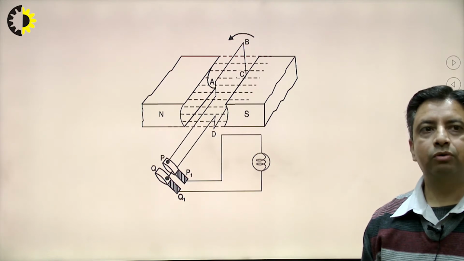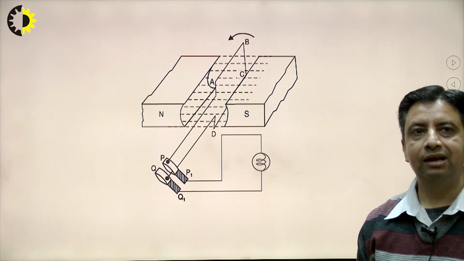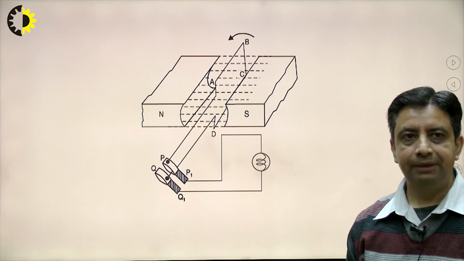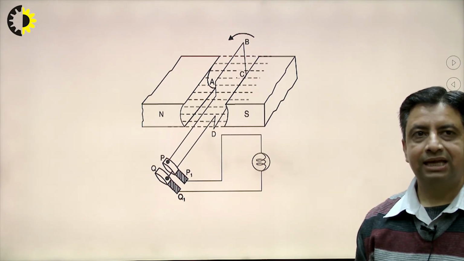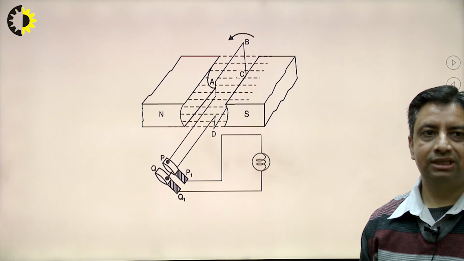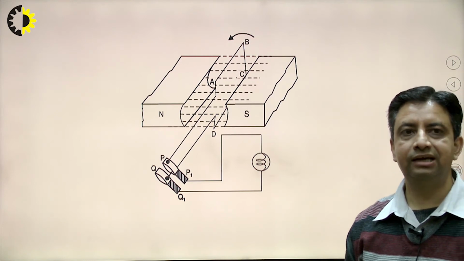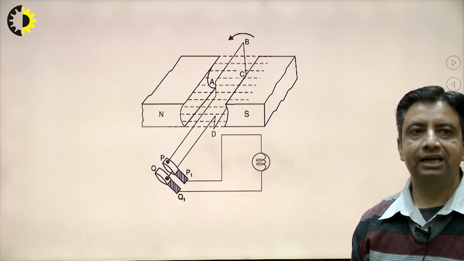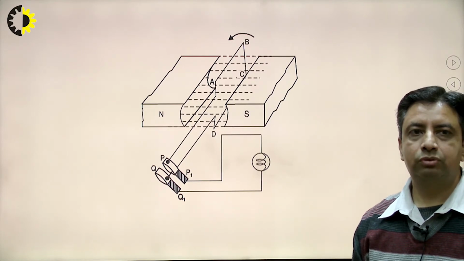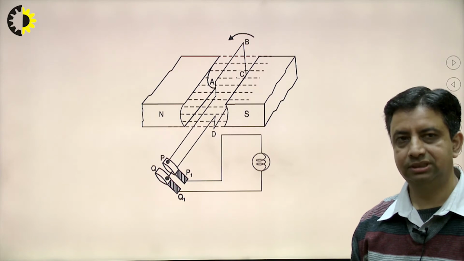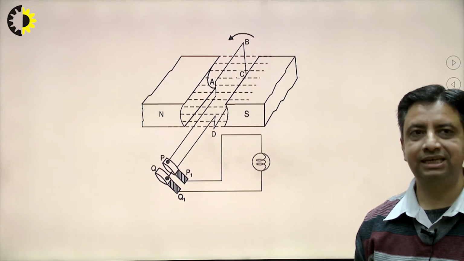As we move this coil by mechanical means, there will be a rate of change of flux and the EMF will be induced in this coil. You can see the electrical load is connected across the P and Q terminals, so the current will flow through this electrical load. This is the basic function of an AC generator.